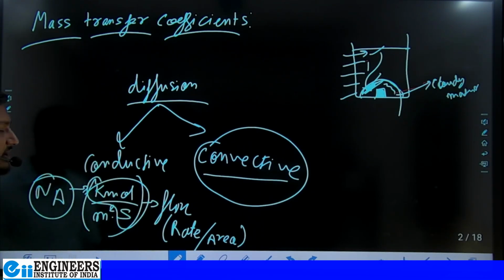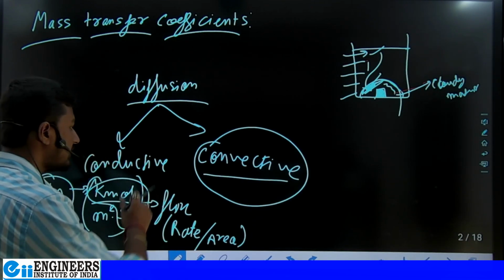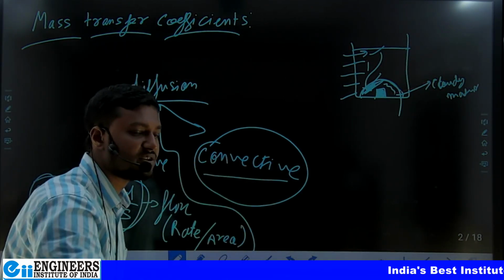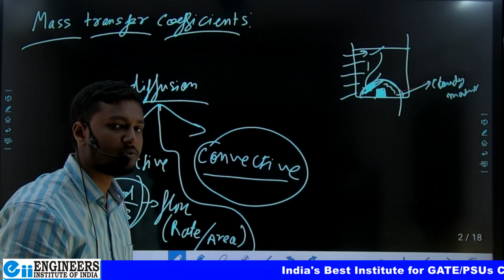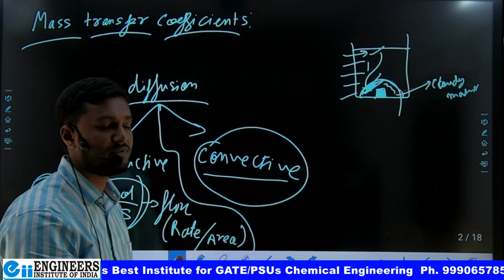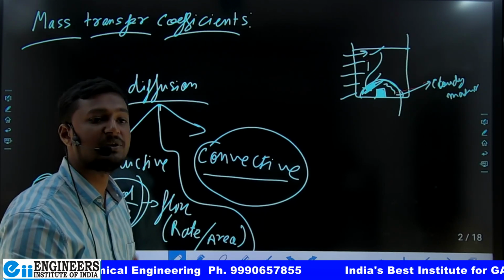For conductive mass transfer, we were deriving the equation of our flux. But in case of convective mass transfer, as there is some external force, directly deriving the equation of the flux is not possible, as the concentration profile or the velocity profile becomes very complex.